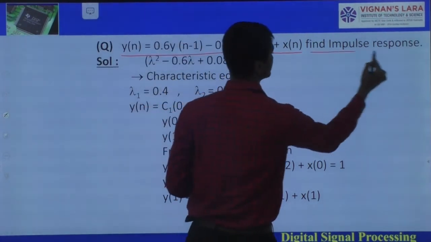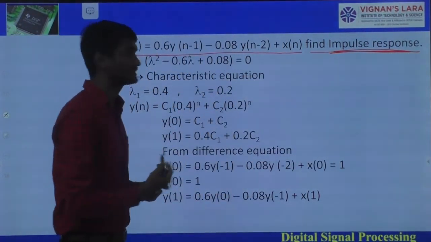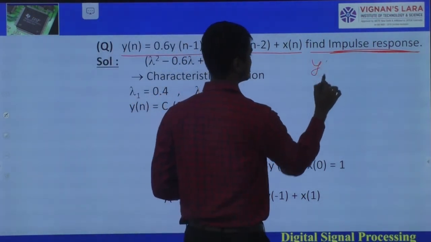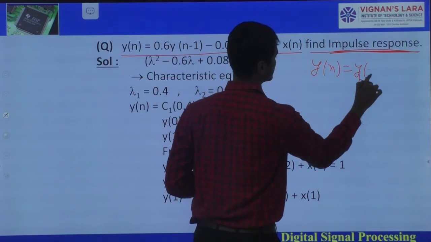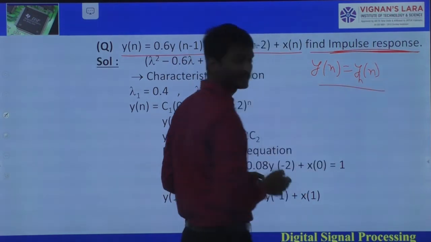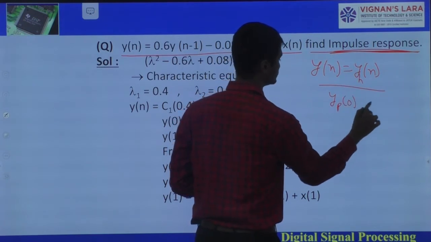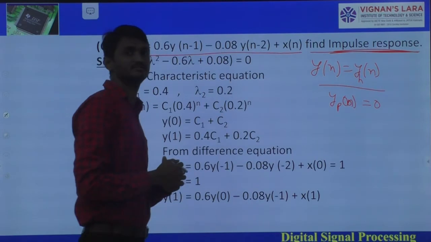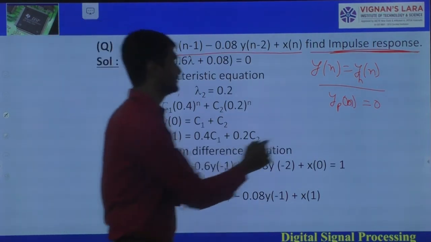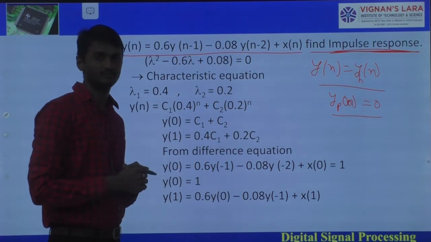We have to find the impulse response, which is y of n equal to y_h of n only. To calculate the impulse response, y_p of n is equal to 0, that is, the particular solution will be 0.